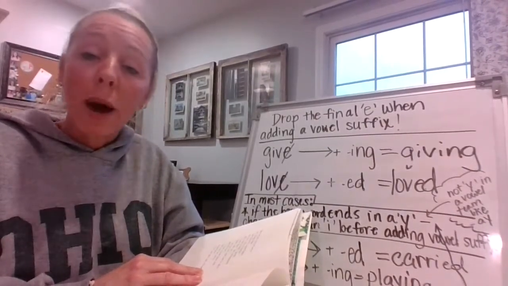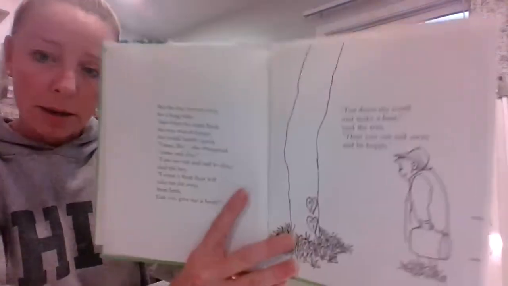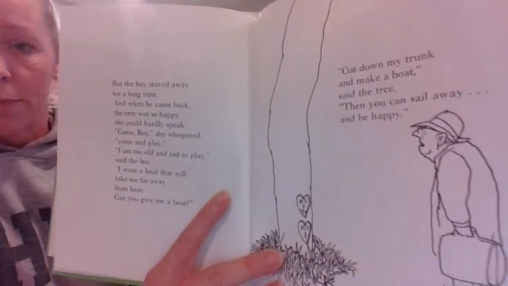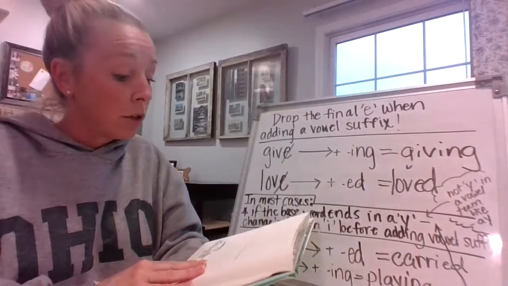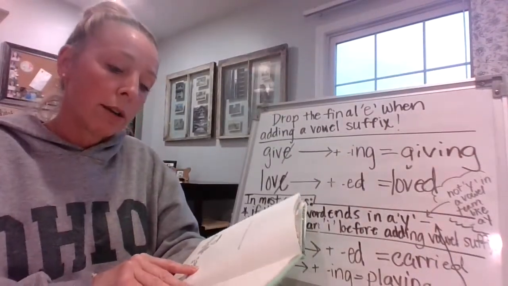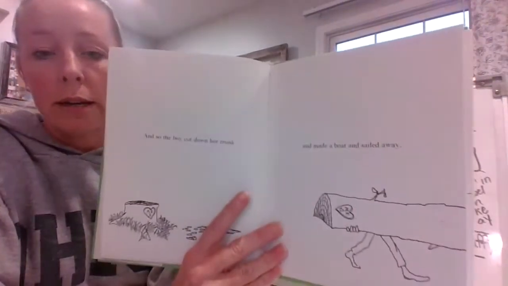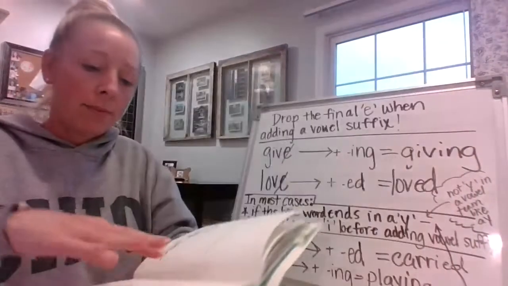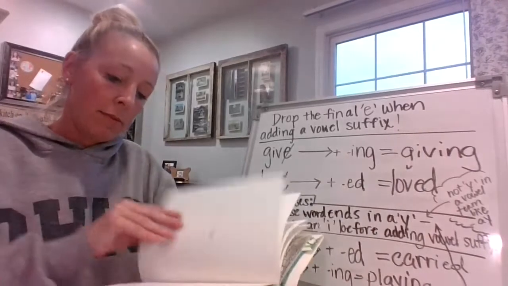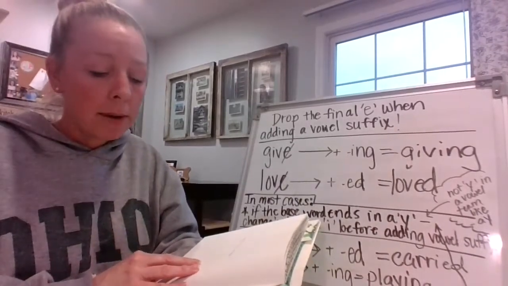"Then you can sail away and be happy." And so the boy cut down her trunk and made a boat and sailed away. And the tree was happy, but not really.